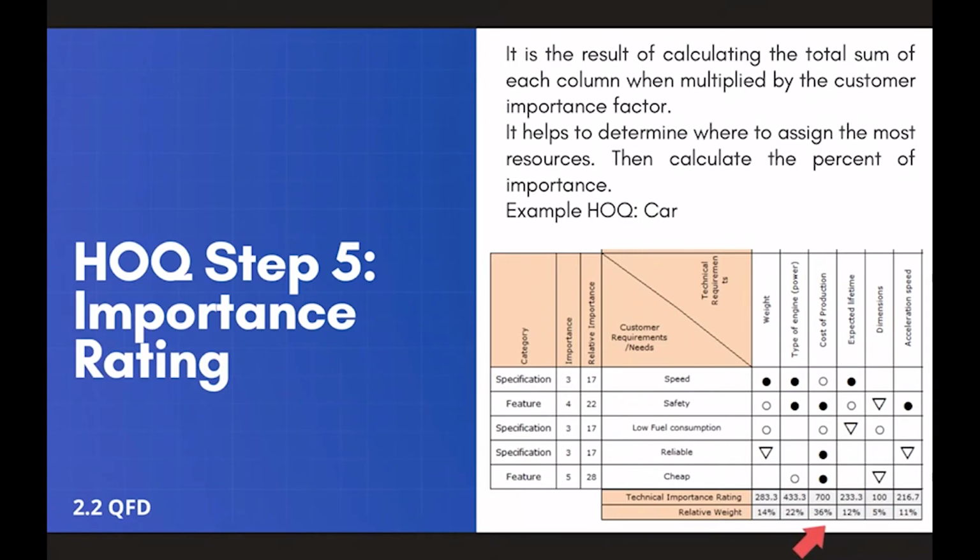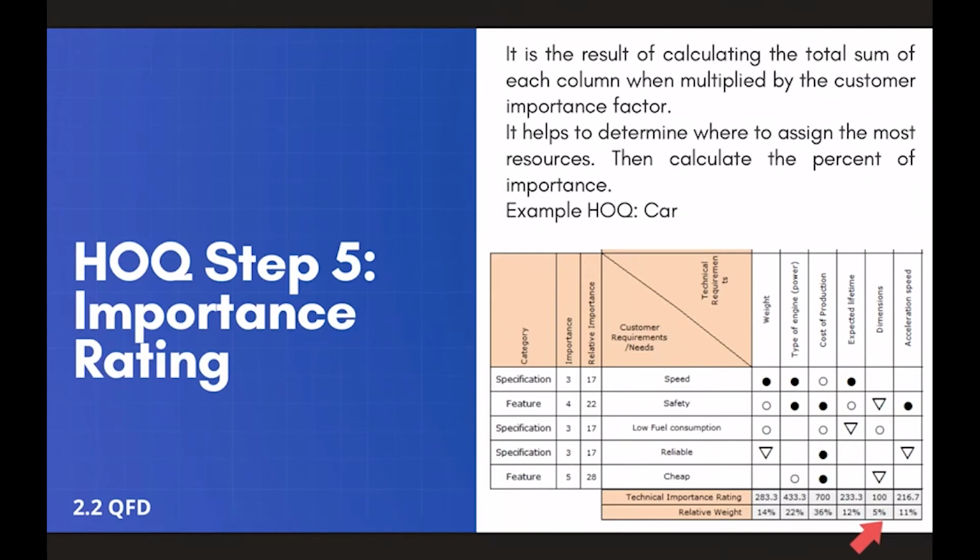So here we see that the highest value is cost of production. So this is the very important factor that we need to consider in our design, which is cost of production. And then second is the types of engine power, which carries the value of 22%. And then the least important is the dimension, which carries 5%.